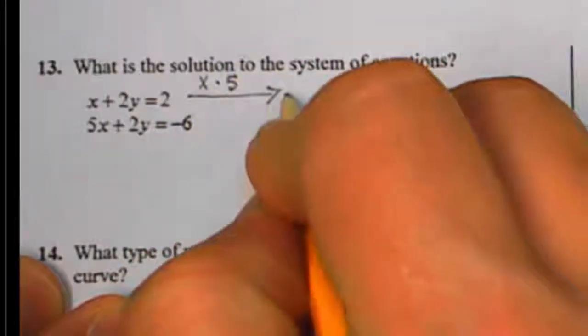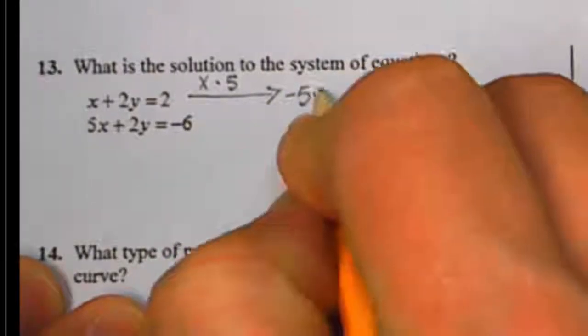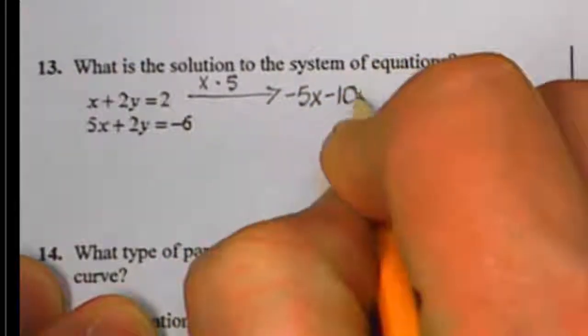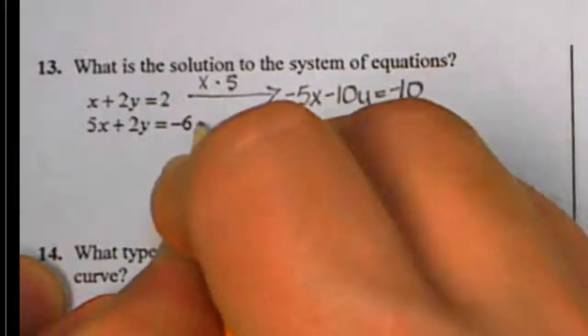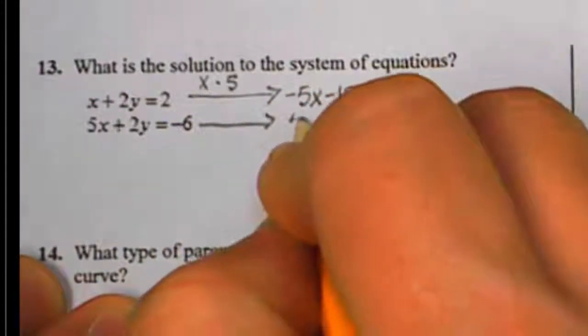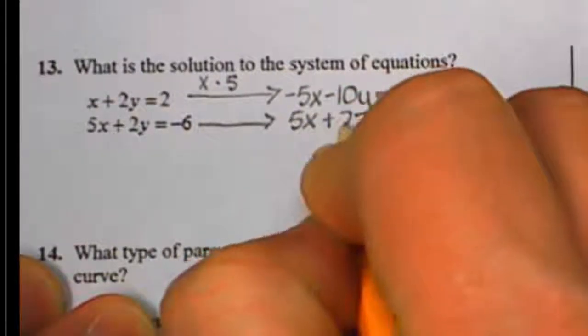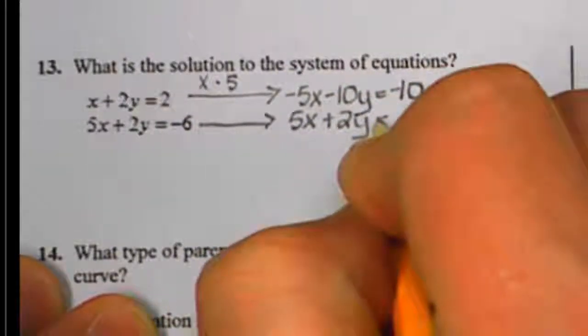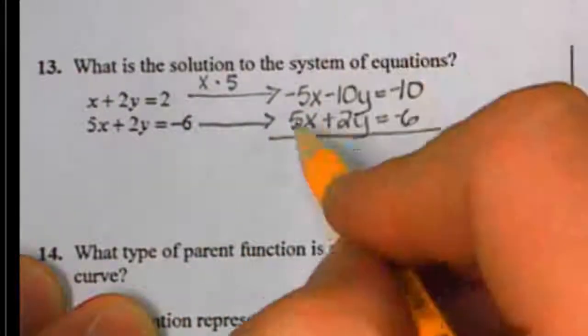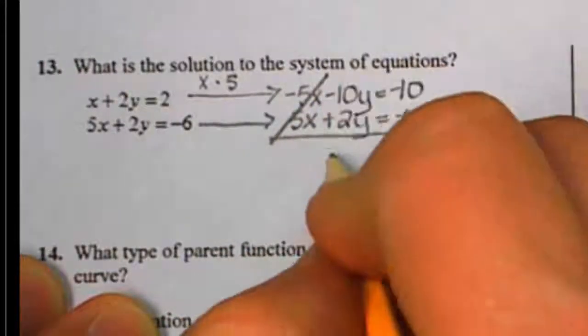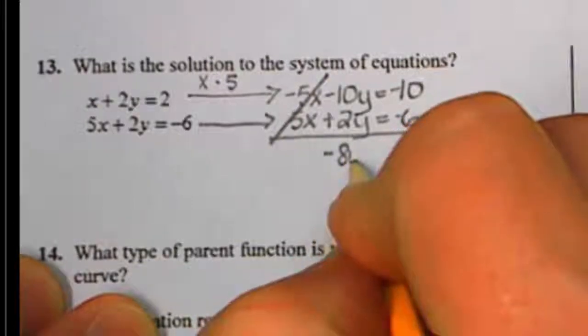So that means the top one will become negative 5x minus 10y equals negative 10. And the bottom one is going to be 5x plus 2y equals negative 6. The 5x goes away. This will become negative 8y.